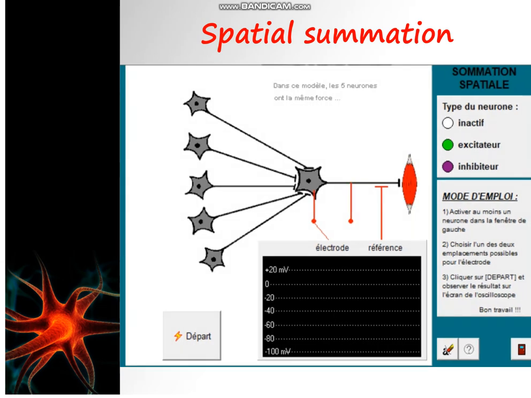In the second experiment, we will study the effect of many inhibitory synapses on the membrane potential of the postsynaptic neuron. Let's see.